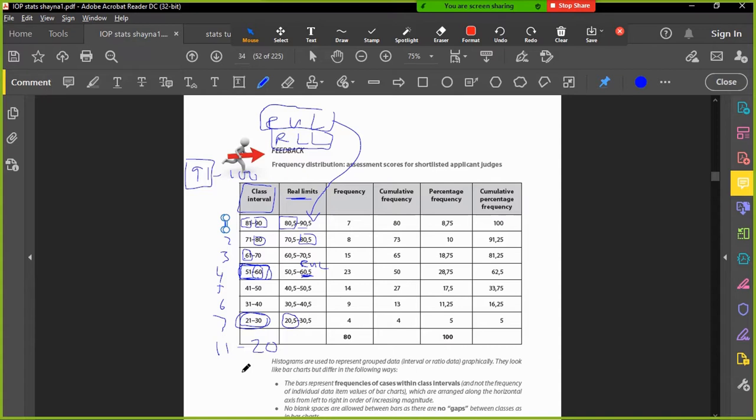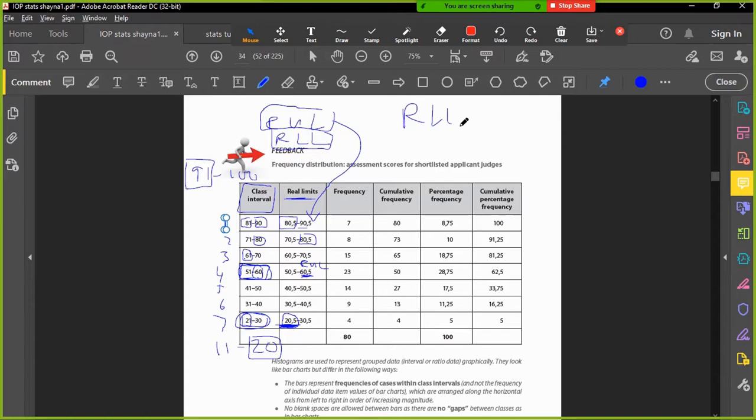Then it's not 11 plus 21, it's 21 plus 20. 21 plus 20 is 41. 41 divided by 2 is 20 and a half. That's how you get those real upper limits.